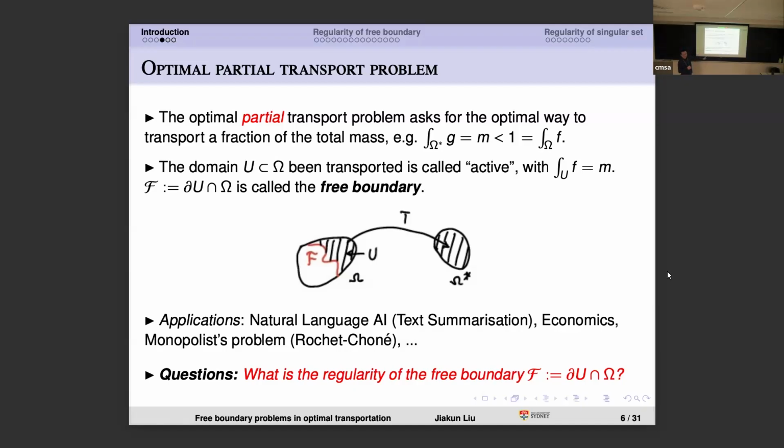So that is a free boundary. You have to decide which is more important to be transported and which is not. And in Robert McCann's lecture, he also introduced an application in financial mathematics as well. It's quite interesting. But in mathematics, we're trying to understand what kind of regularity such a free boundary could have. I mean, how smooth it could be.